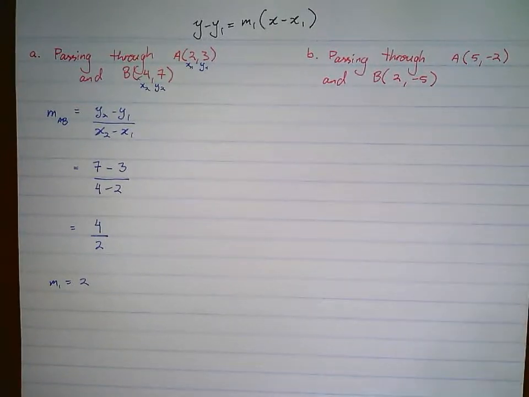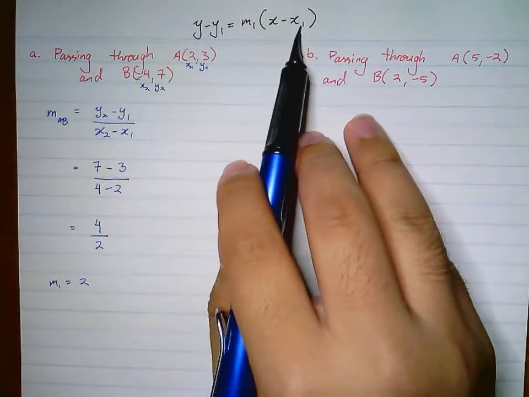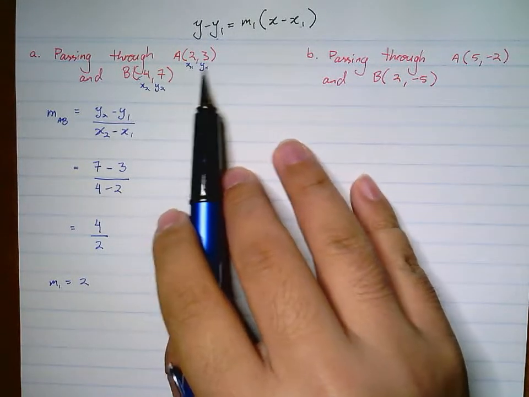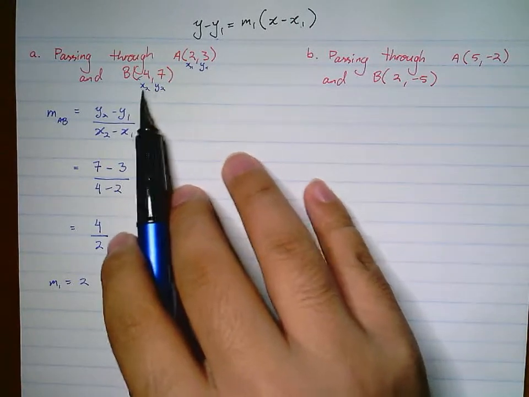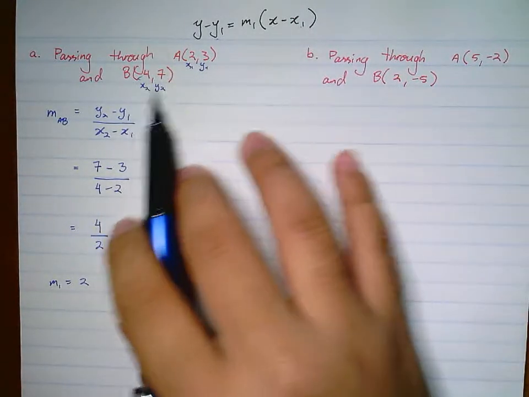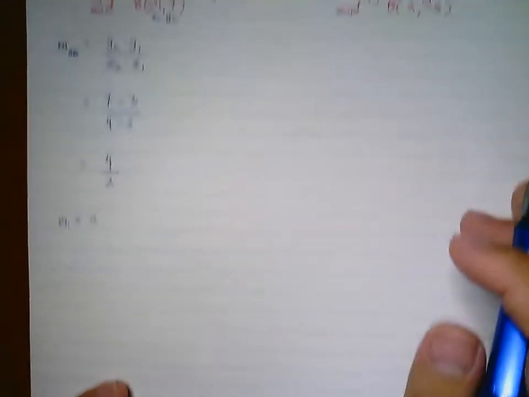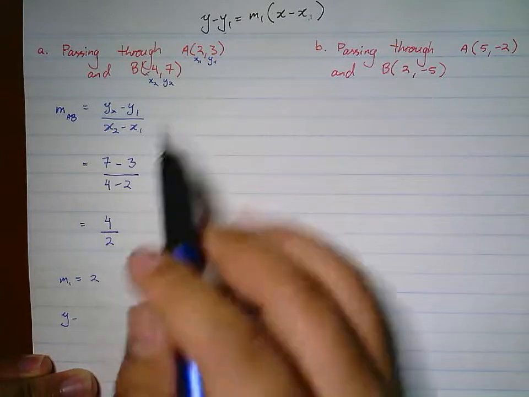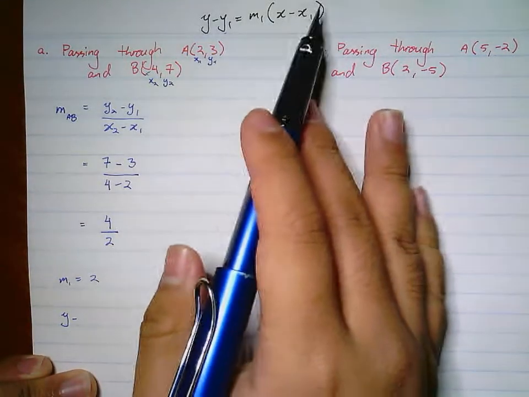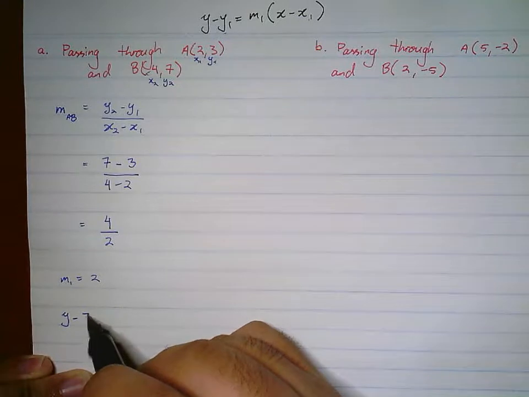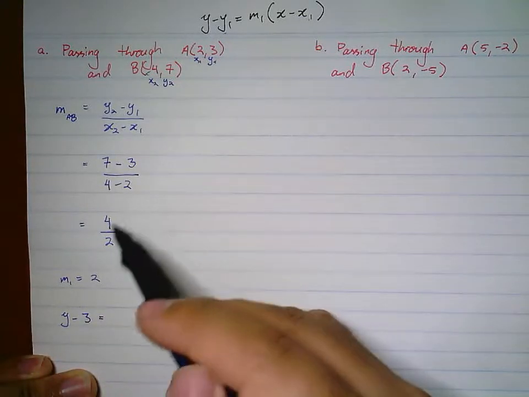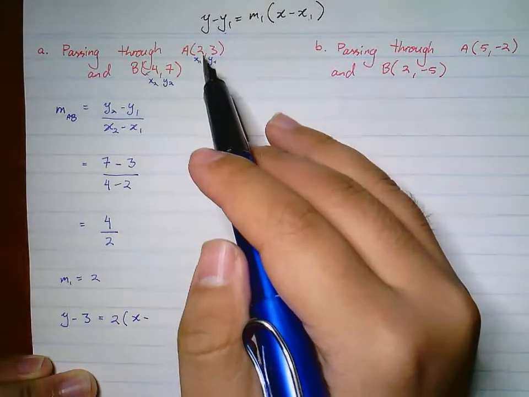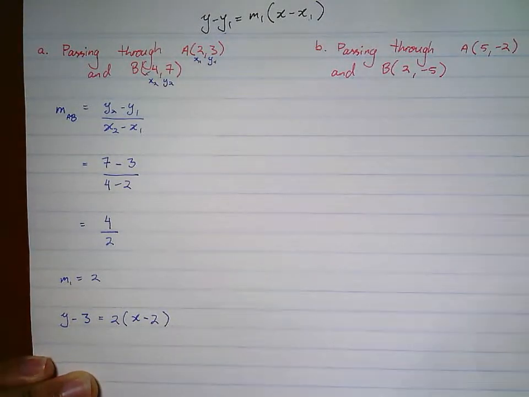Okay, we can actually see how I wrote it as x1 and y1. Even though this one is already labeled x1, y1, we could still use x2 and y2 from this labeling that we've done here. Let's move on. So it's now going to be y minus 3, which is y1, equals 2, which is now our gradient, x minus x1, which is also 2.